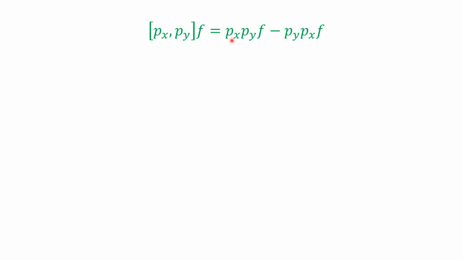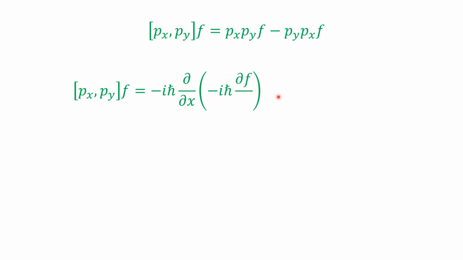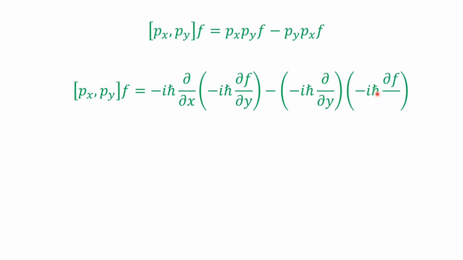Now you replace the momentum by its operator, so the commutator of Px with Py acting on f will become minus i h-bar del over del x multiplied by minus i h-bar del f over del y, minus minus i h-bar del over del y minus i h-bar del f over del x.